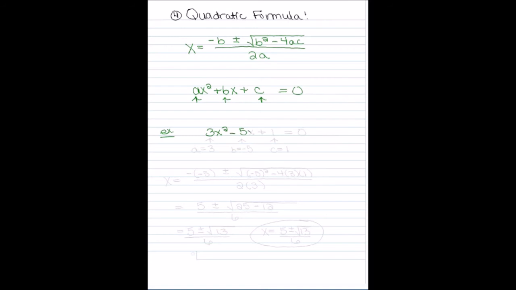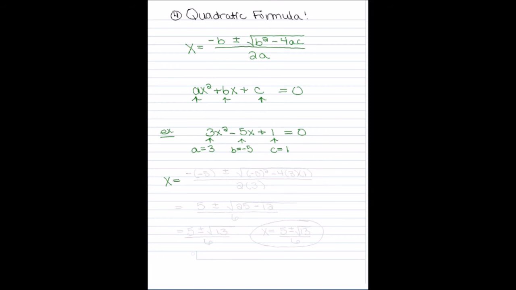I have 3x squared minus 5x plus 1 is equal to 0. So this is already in standard form. So a is equal to 3, b is equal to negative 5, and c is equal to 1. So I'm going to take those values and plug it into the formula above.